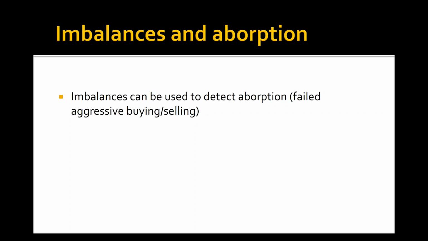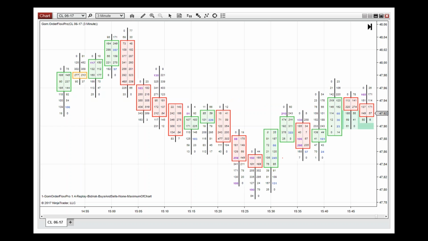Imbalances can be used to detect absorption, which is a failed aggressive buying or selling. One example here: we have an imbalance here, an imbalance here on the selling side, and what they're actually doing is building wicks. The market goes up and down and up immediately, and here the same thing, down and up immediately.